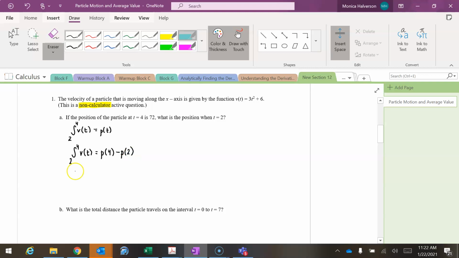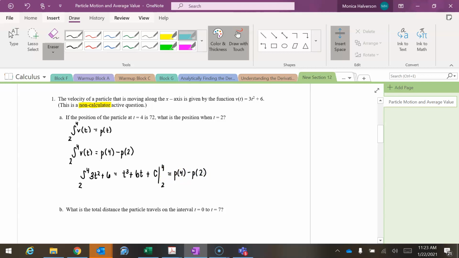So if we did that of our velocity equation, we would get t to the third plus 6t plus c from 2 to 4. That's what we're saying, and that's going to equal p of 4 minus p of 2.